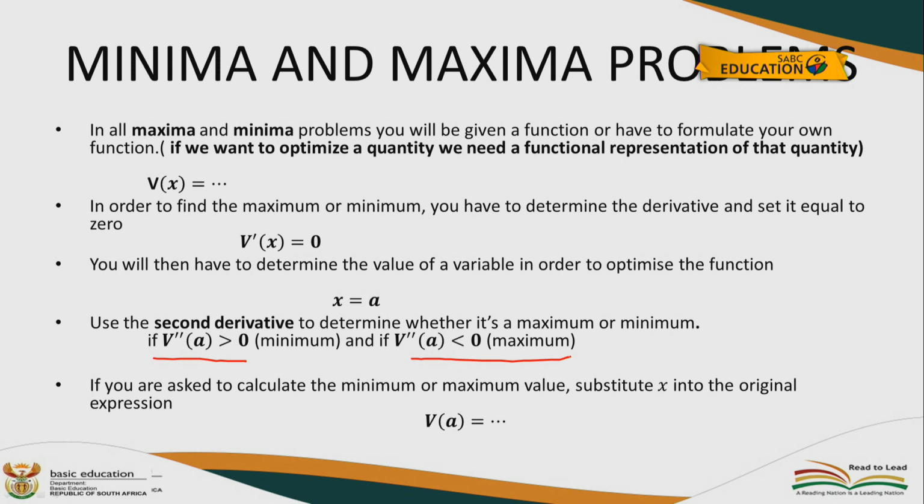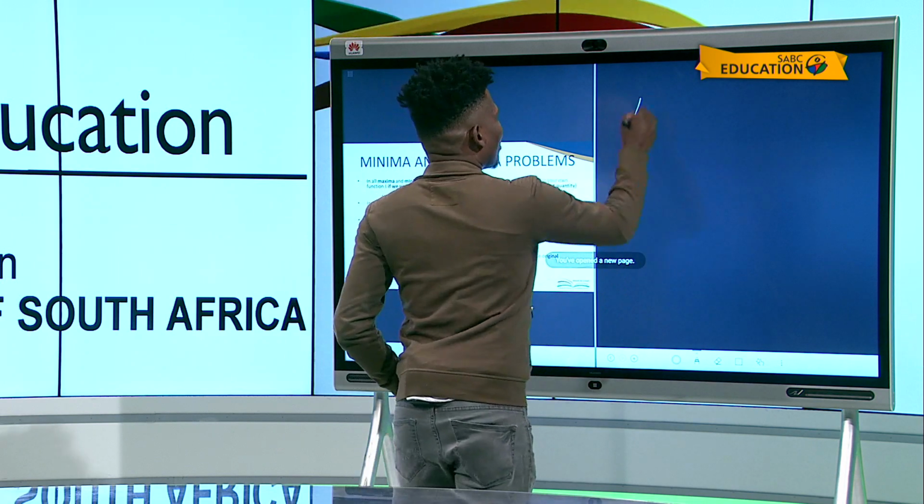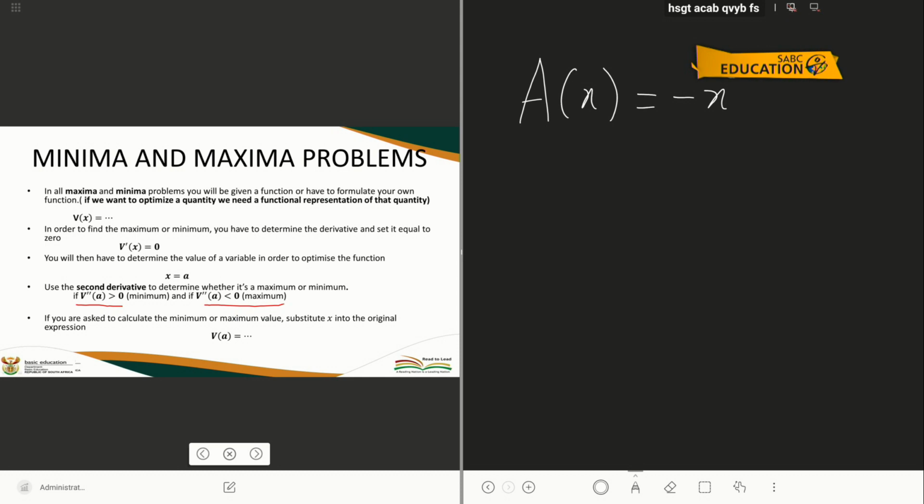Now, if we can go back to the example that we were looking at, we said the function of the area was given as negative x squared plus 4x. And we found that we have a maximum area at x equal to 2. Now they are asking us to solve for this maximum area.